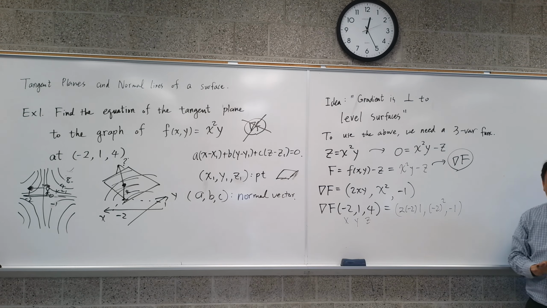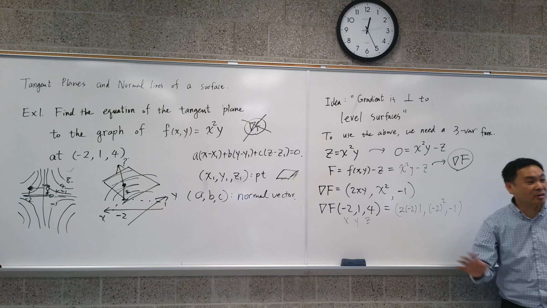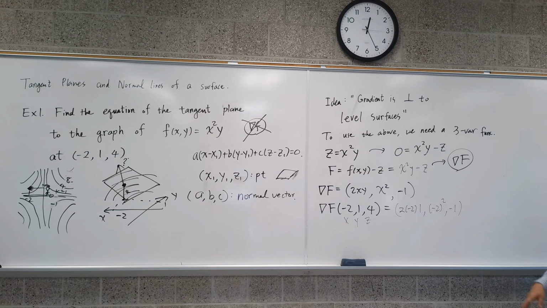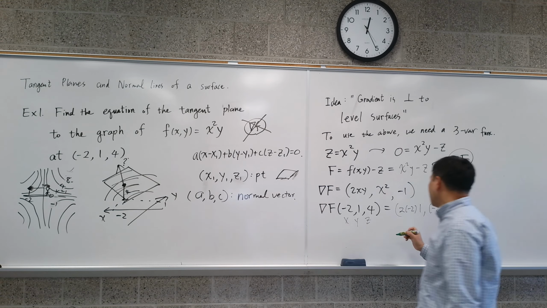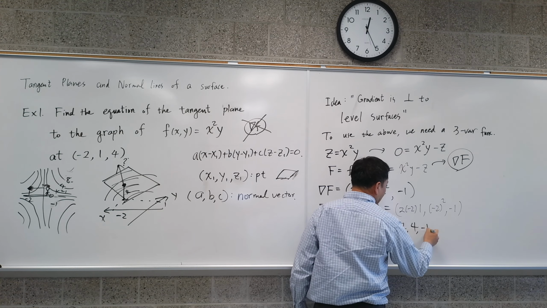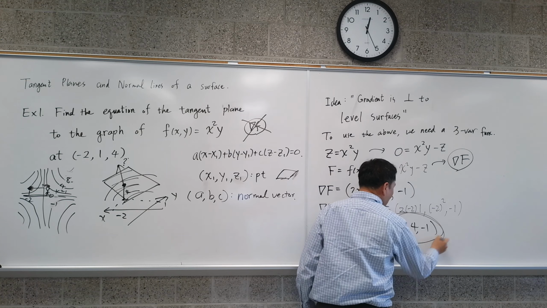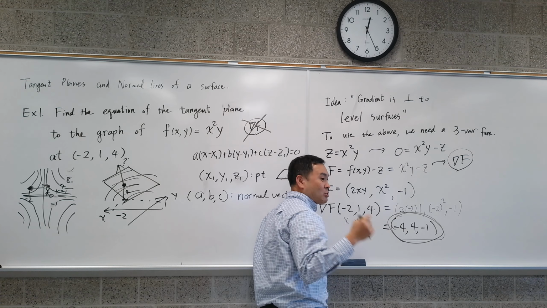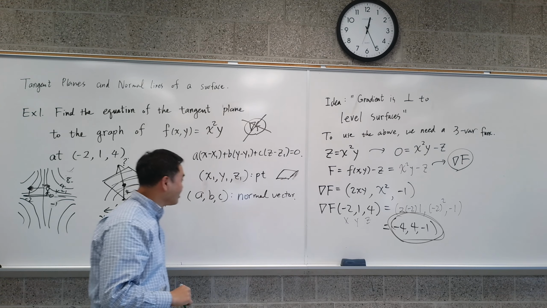Notice that the z value 4 actually doesn't get used at all because the gradient formula doesn't have any z. Z, when you differentiate it, just goes away. It becomes -1. Okay, so that gives us (-4, 4, -1). Perfect. That's going to be our normal vector because that's the gradient, which is normal to the level surfaces.